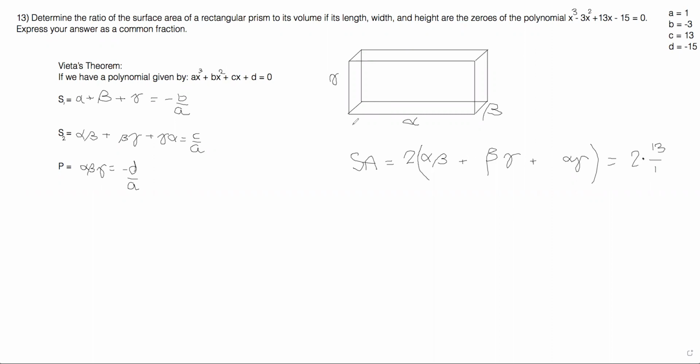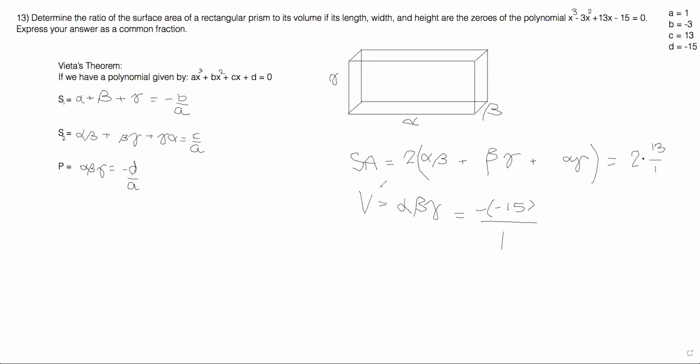And then we also want to do something similar for the volume. We know that the volume is just the product of our three dimensions. So V, the volume, is just alpha times beta times gamma. And conveniently enough, that's going to be equal to the opposite of coefficient D over coefficient A. So this is going to be negative D, and D is negative 15, so this would be 15, all divided by what we have for A, which is 1.